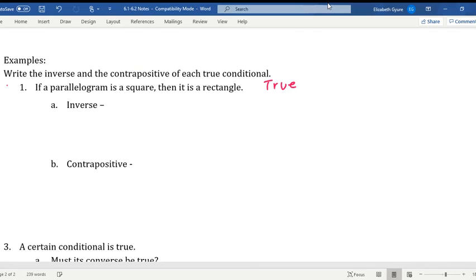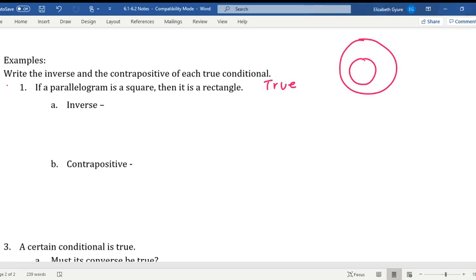true statement. Based off this statement, I'm going to draw us a Venn diagram just so you can see how it works then for your homework. So in this situation, for your if P then Q, your Venn diagram would look something like this. Sydney, that's a nice circle that I drew. And then inside we'd have our other one.